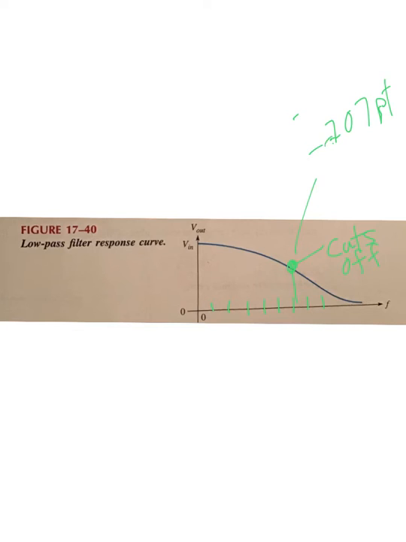It's also known as the half power point because we lose half the power by this time. And it's also known as the minus 3 dB point. This is where essentially the filter is dead down here at the bottom, okay?